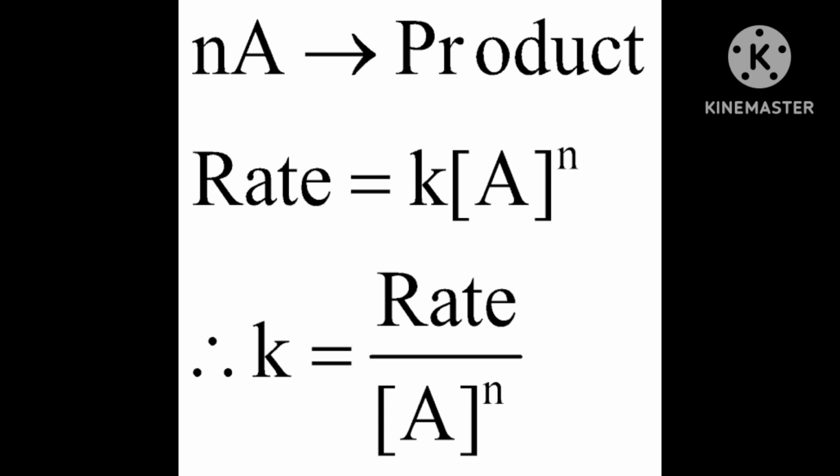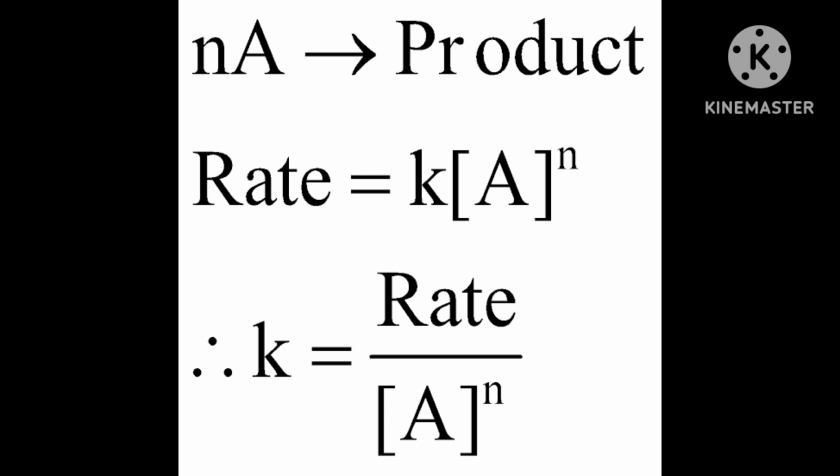Then 300 minus 200, now the difference is 100 seconds. This time it will come 1.22. For 400 seconds, 400 minus 300, you will get 1.10. And again 500 minus 400, for 500 seconds, it will decrease to 1.04.